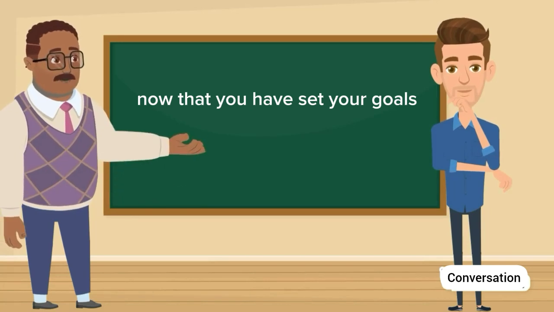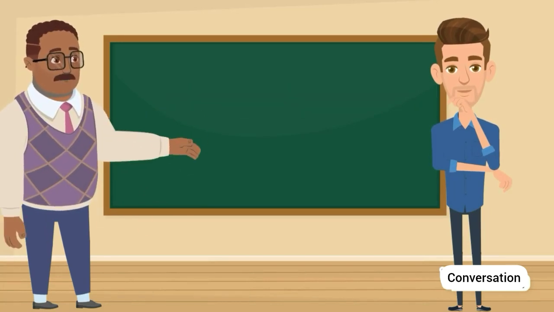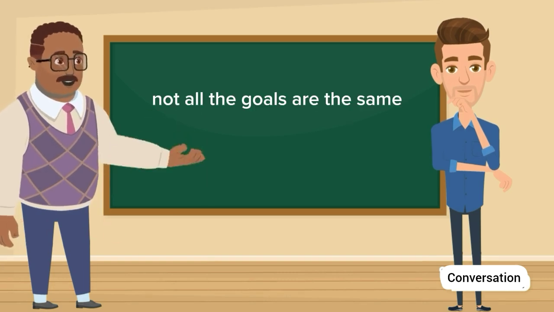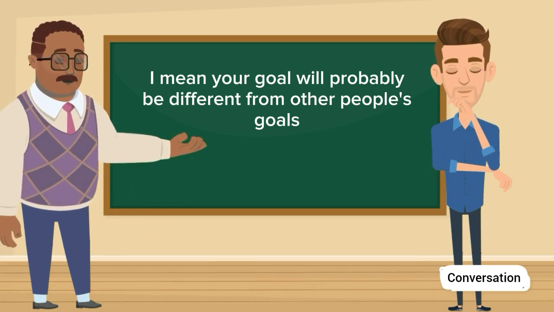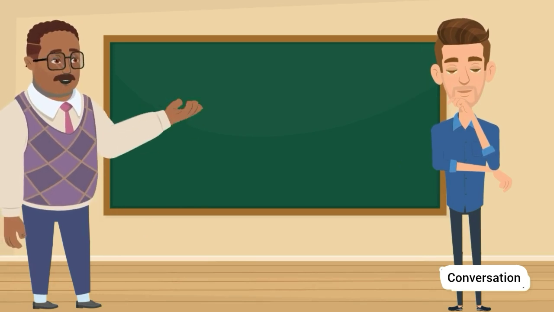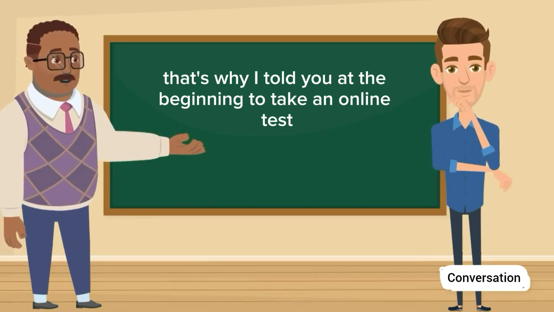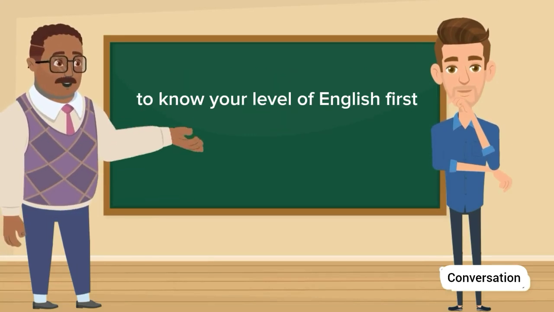Now that you have set your goals, you need to work on your study plan. Oh, before that, not all the goals are the same. I mean, your goal will probably be different from other people's goals. That's why I told you at the beginning to take an online test to know your level of English first.